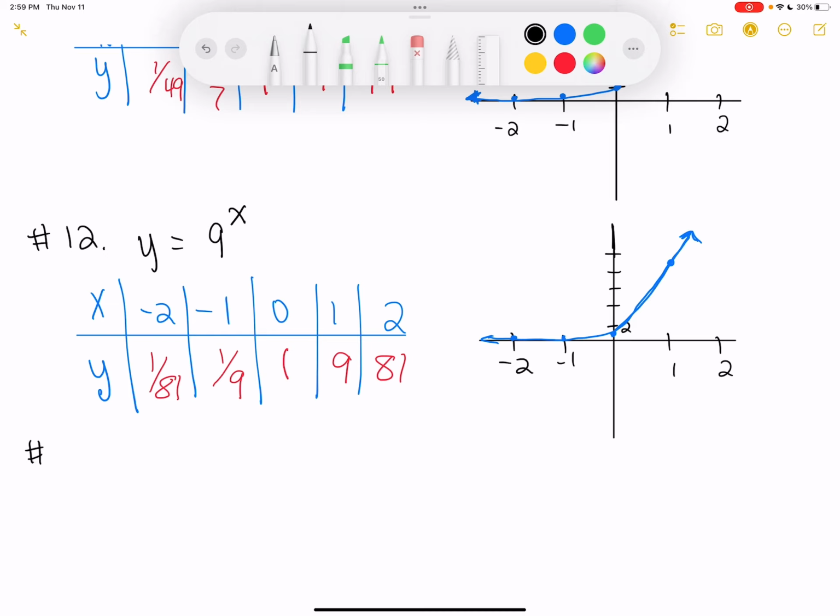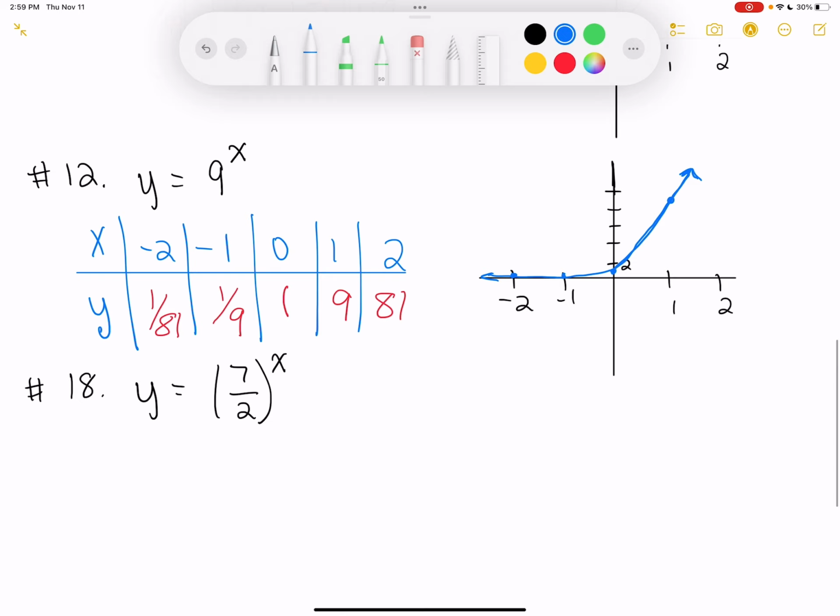So number 18, y is equal to 7/2 raised to the x. So I've got my table.